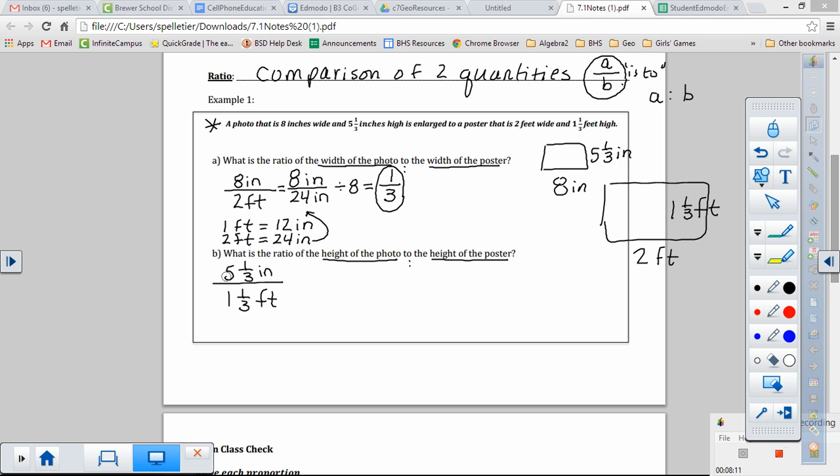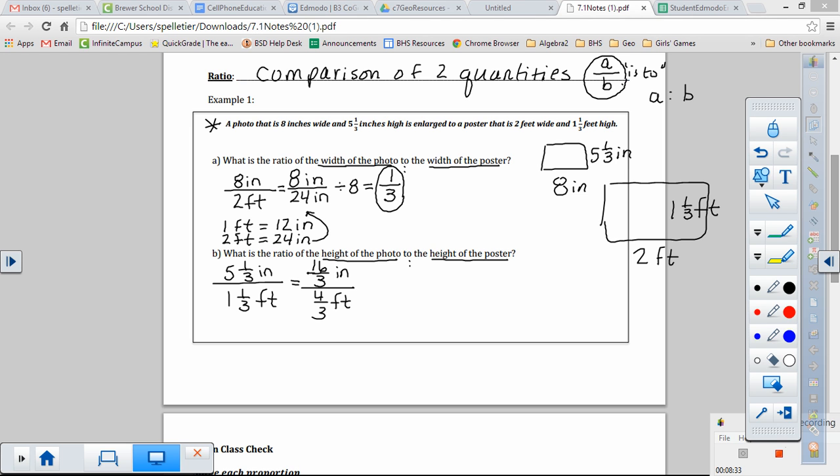We're going to change the mixed numbers into improper fractions. 3 times 5 is 15, plus 1 is 16. So 5 1/3 is the same thing as 16/3 inches. And 3 times 1 is 3, plus 1 is 4. So I get 4/3 feet.